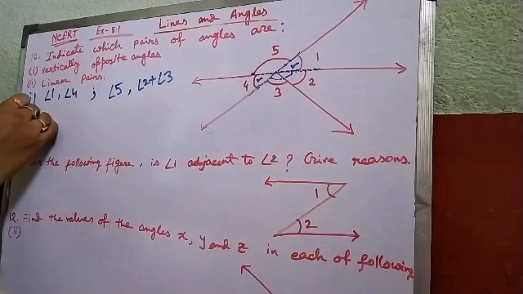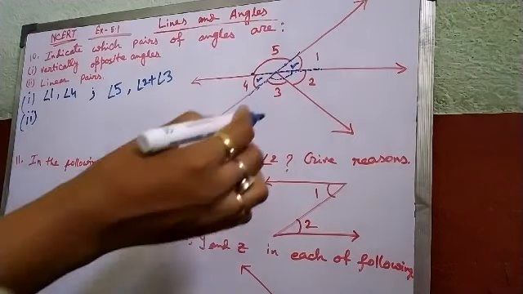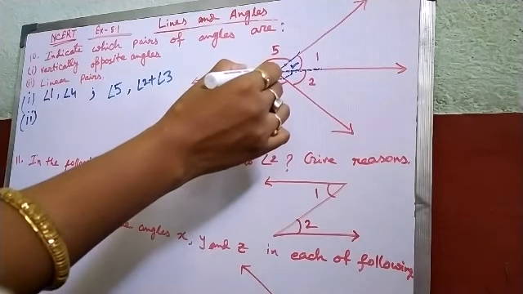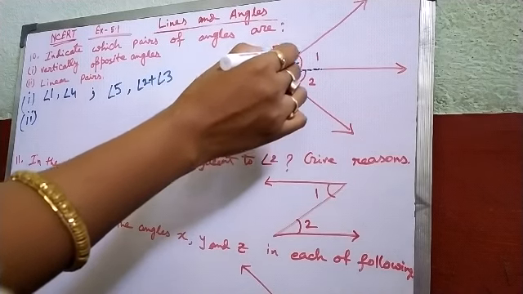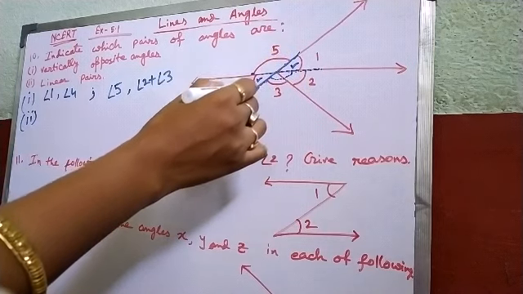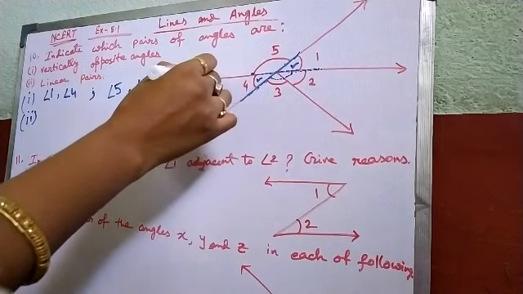Next one is linear pairs. Linear pair means two angles are formed by a line. Suppose this is the line and these two angles are formed by this ray.